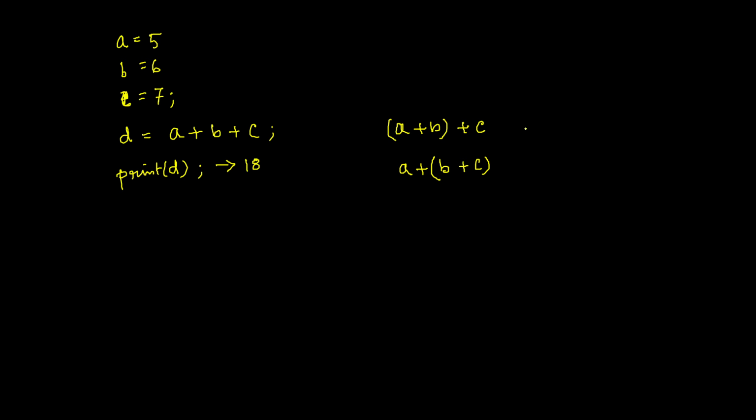In this case, if I take the first approach, I'm using the leftmost addition symbol first. And if I use the other approach, I'm taking the rightmost addition symbol first. Now obviously you will say, what does it matter? Left or right doesn't matter because ultimately they will produce the same result. But the problem is that a computer is a deterministic device. It doesn't decide on the spot whether it will take the right one or left one first.